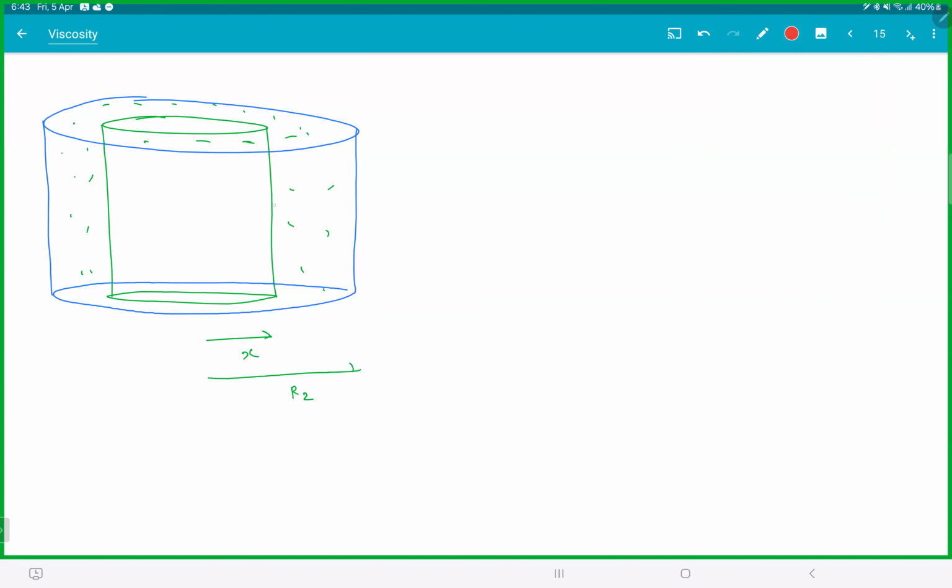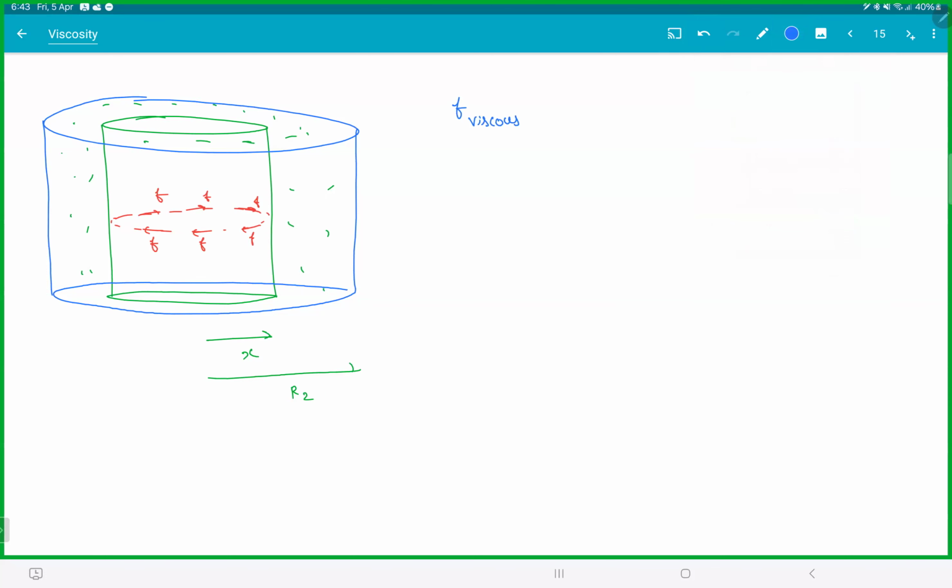You're getting it? So we are taking the FBD of this. So on this, you will have a force F. This viscous force will be how much? This is the F viscous.